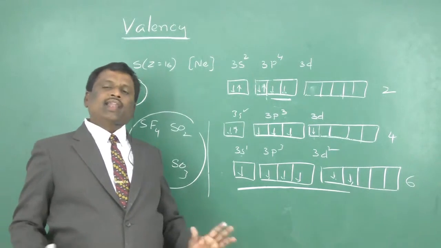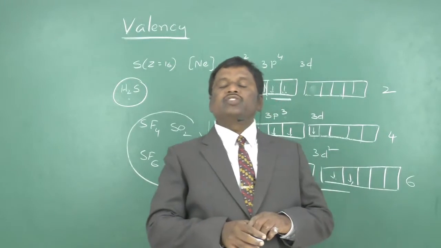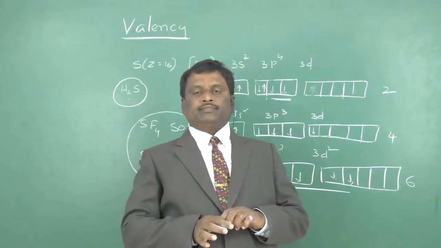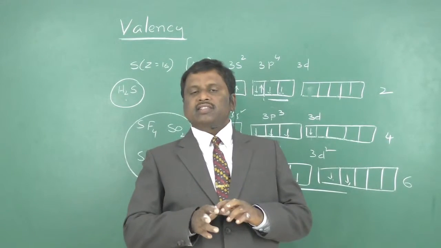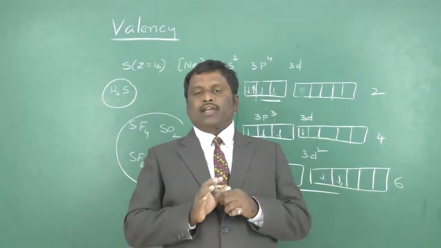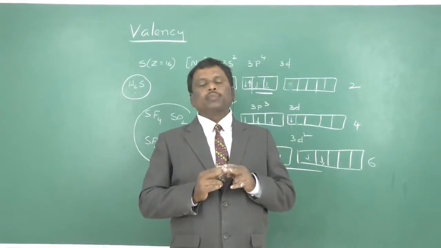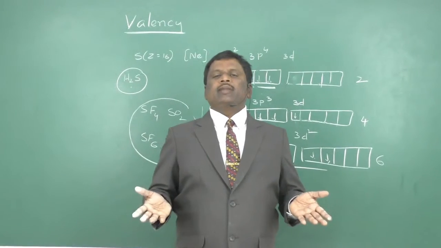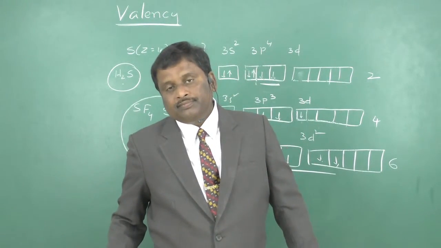That is why, to define valency, we take hydrogen and oxygen as reference elements. With reference to hydrogen, elements exhibit minimum valency, and with reference to oxygen, they exhibit maximum valency. Here hydrogen valency is 1, oxygen valency is 2. So, the valency of an element can be defined in terms of hydrogen or in terms of oxygen.